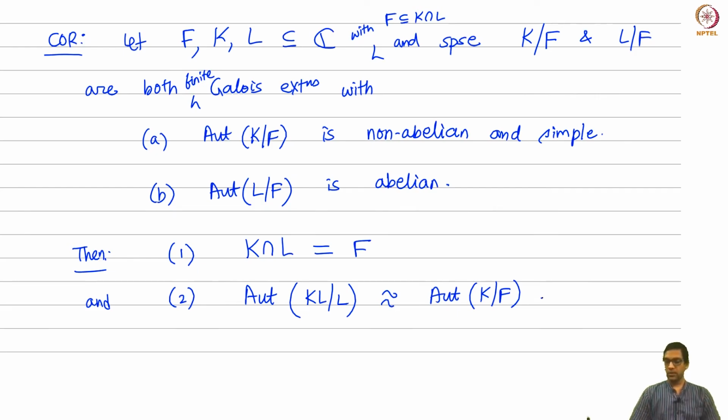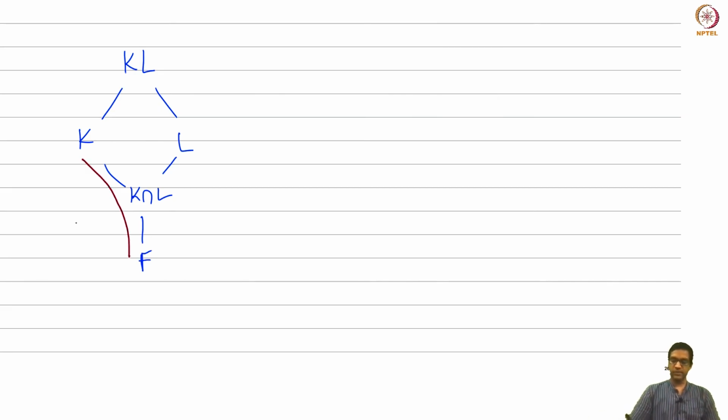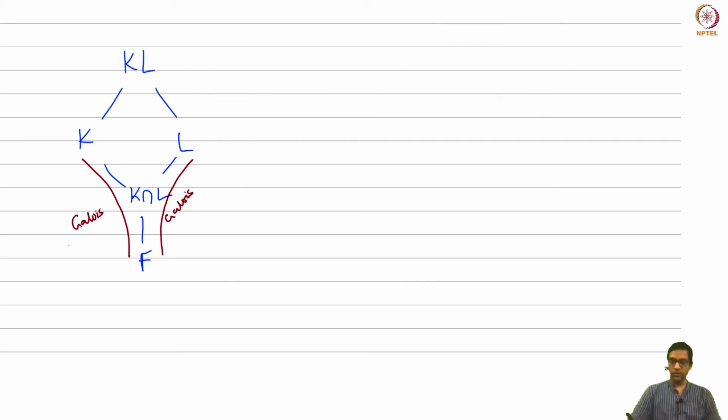To draw that picture, I have KL, K, L, F, and the assumptions here are that both are Galois. K over F is a Galois extension, L over F is a Galois extension, but they have somewhat different behavior.